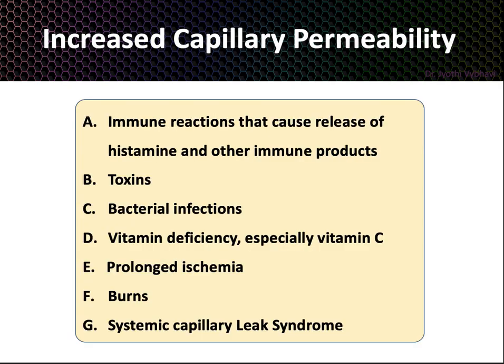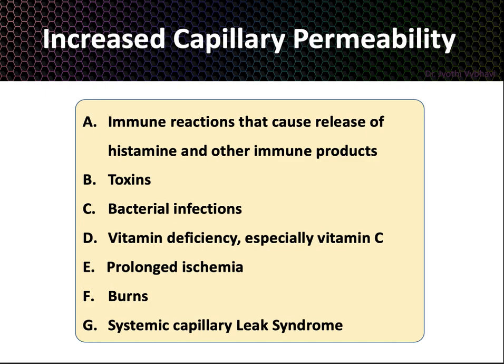Then, increased permeability of the capillary walls. When permeability increases, it allows more plasma proteins than usual, whatever is there in the capillary, fluids, plasma, everything, to go inside the interstitium, because the endothelial cells are very much permeable.